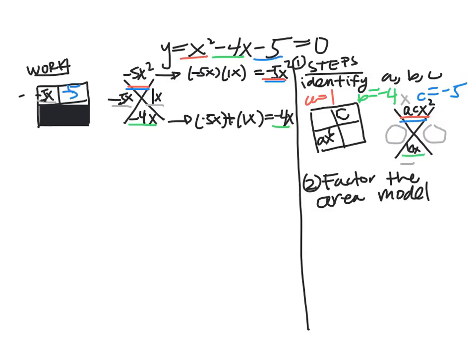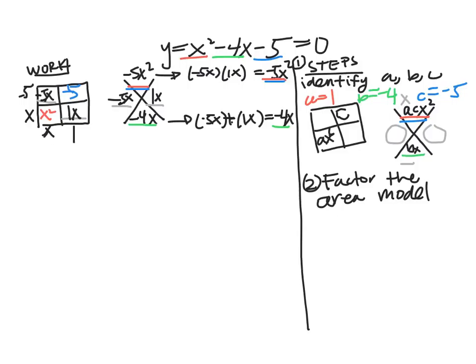In this case, it's -5. Now, using the same idea, -5 times what number gives me -5x? It is x. X times what number is x squared? It is x. X times what number gives me 1? In this case, it's 1.